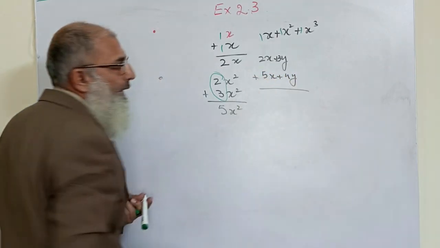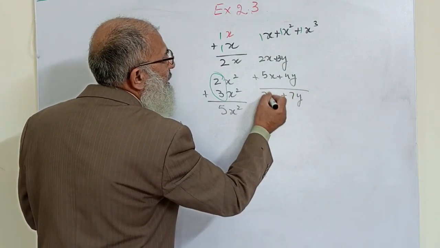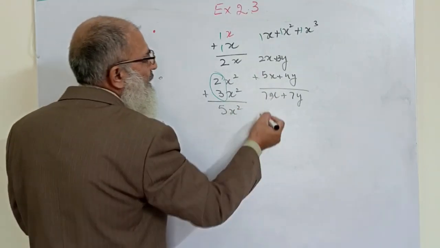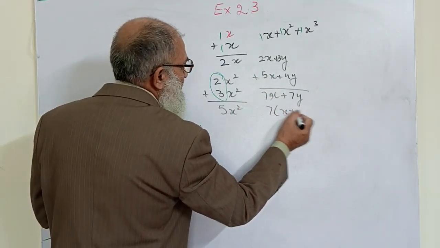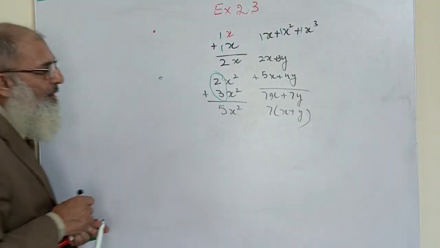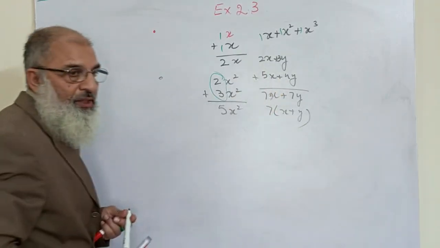Now if we are going to add these, it will simply become 7y and it will become 7x. Now it is very simple that we just add the like terms. But you see that this cannot be added to this, and this cannot be added to this.